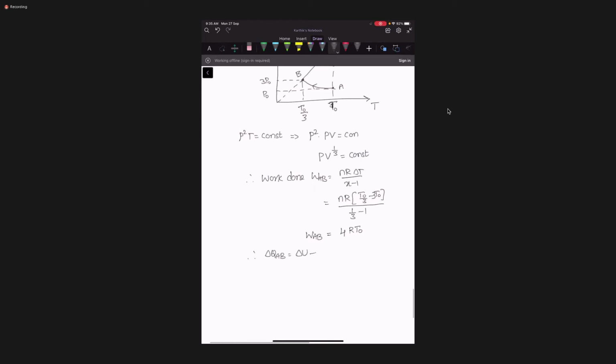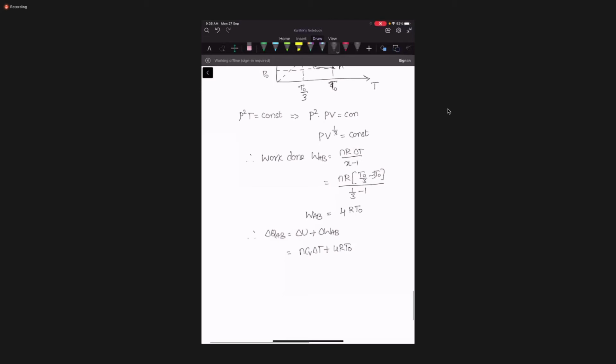So therefore your heat in AB will be how much? Delta U in AB plus delta W of AB, right? Delta U is nCV delta T plus 4RT now, isn't it? Monatomic gas. Put your value of CV and delta T, you already know, right? So how much will you get?